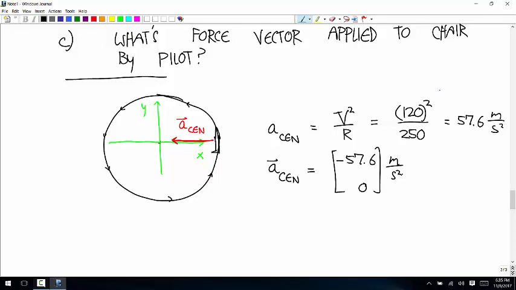So you'd have the same magnitude no matter where on this circle you were looking at it. But you'd have different directions for that centripetal acceleration. If the plane was over here, that would be positive x. If the plane was down here, that would be positive y. If the plane was up here, that would be negative y.